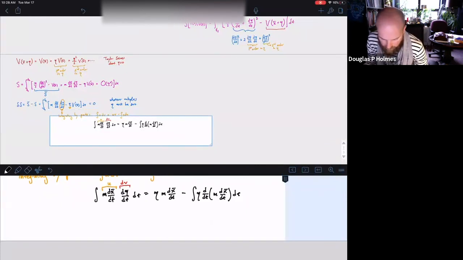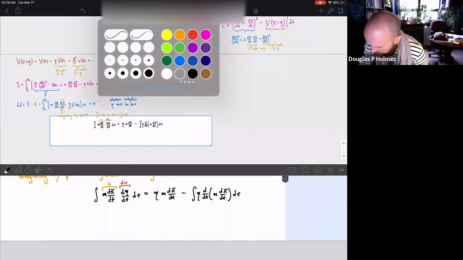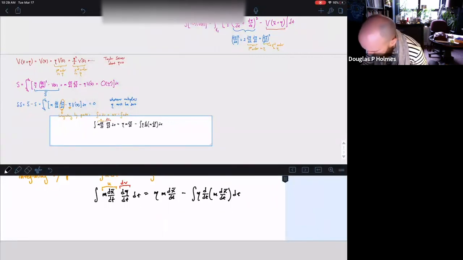And so what do we want to say here? Sorry, I should put the actual integration limits here, T1, T2.